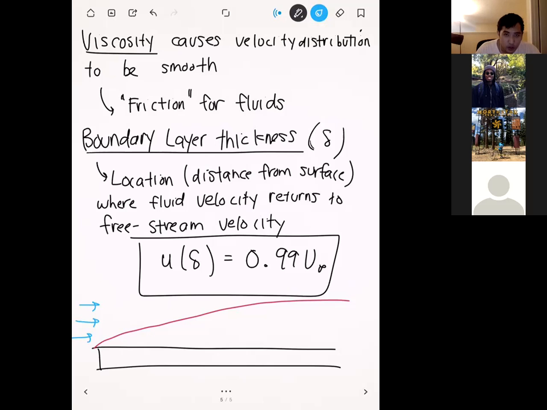Inside the boundary layer, we call this the boundary layer region, and outside the boundary layer, we have the free stream region. Each of these regions has certain characteristics that we'll talk about on the next page, but I at least wanted to visually establish what the two regions were. Any questions on this so far?